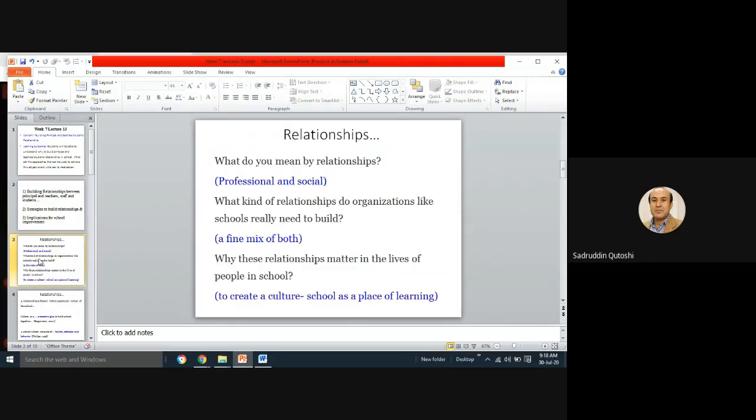Let's look at the meaning of relationship. What do you mean by relationship? We need to understand its meaning. In the context of school, relationship could be of two kinds. One is a professional relationship, another is a social relationship.